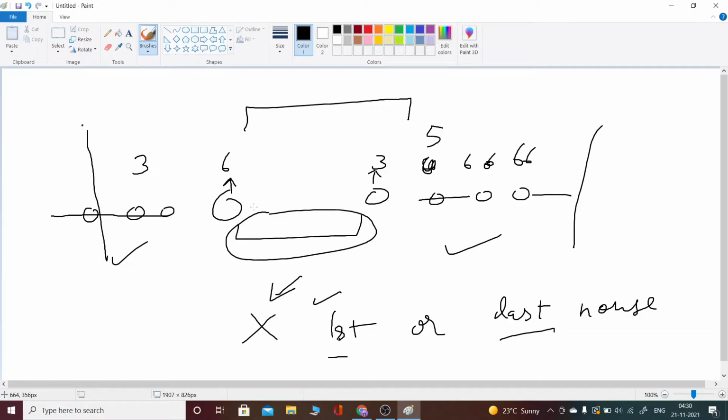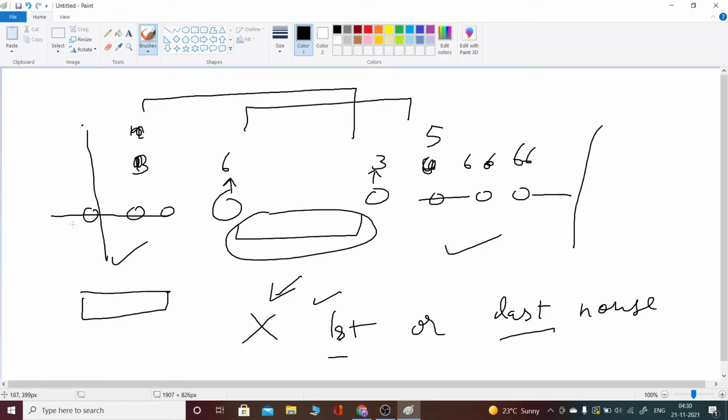Now let's prove that this cannot be the maximum distance. If you are saying this is the maximum distance, then all the houses to the left should be 3, because if they were different from 3, say 4, then that would have been the maximum distance and our claim would have gone wrong.